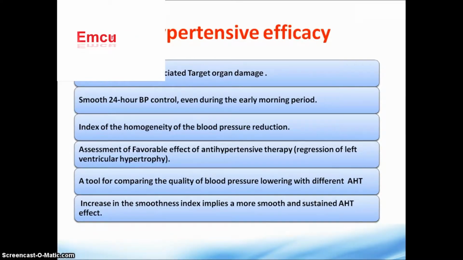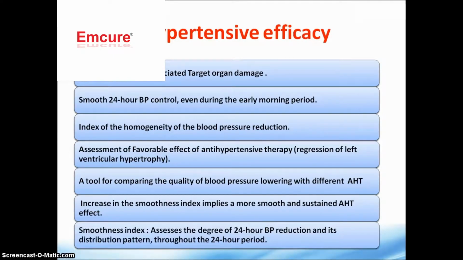A drug whose smoothness index is on the higher side, nearing 1, is definitely a better drug and more suitable for control of blood pressure. It assesses the 24-hour blood pressure reduction and its distribution pattern throughout the 24-hour period. So a drug which has the least variations or fluctuations will be an ideal antihypertensive drug.